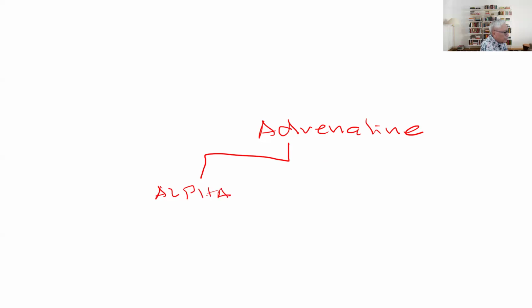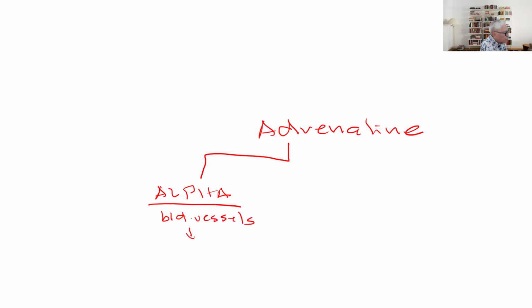Well, adrenaline or epinephrine is going to be released from the adrenal glands. And adrenaline has several effects. One is going to stimulate alpha receptors. Alpha receptors are those found in blood vessels.